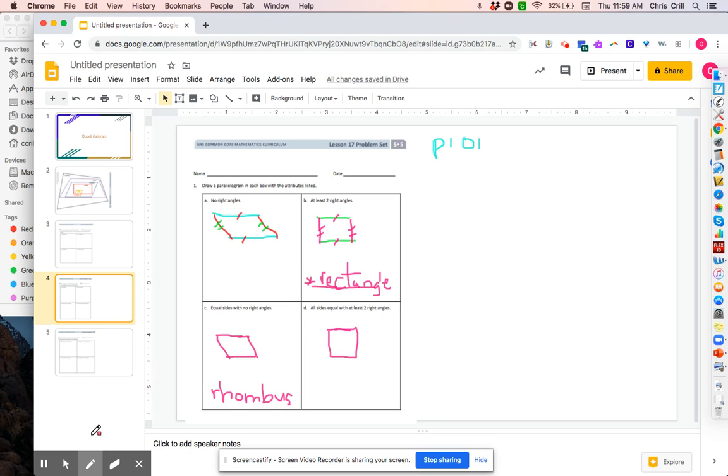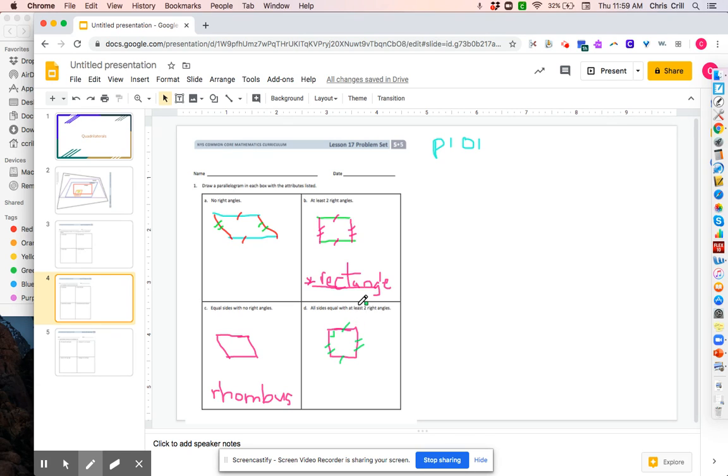So let's take a look at a square and see why this fits. A square is a parallelogram because it has two pair of parallel sides. It's got four right angles. We can't draw two right angles here only because remember we tried that before and our opposite sides would not be parallel.